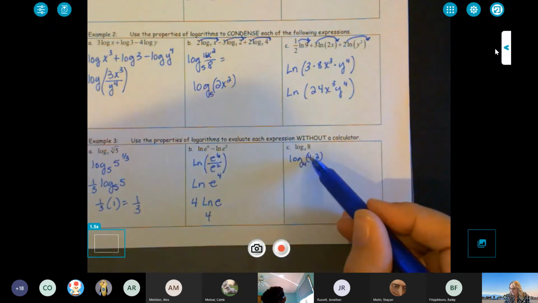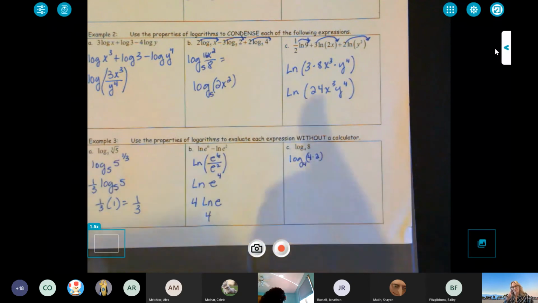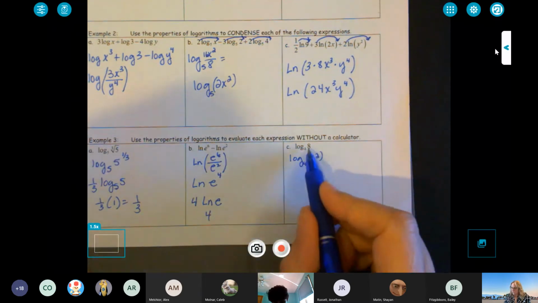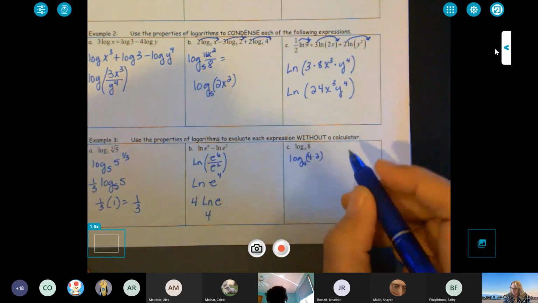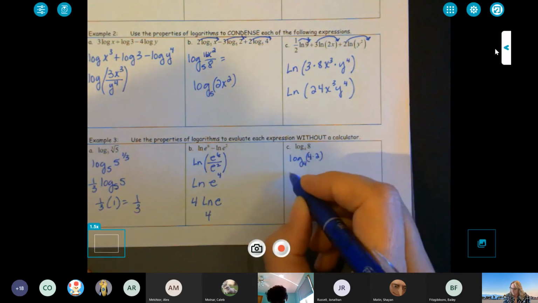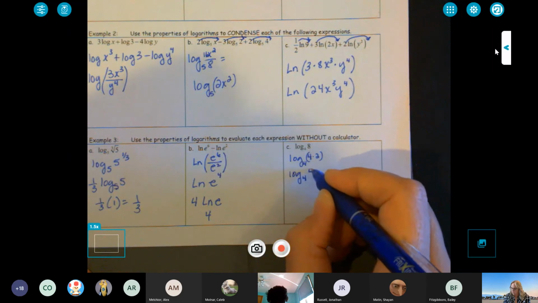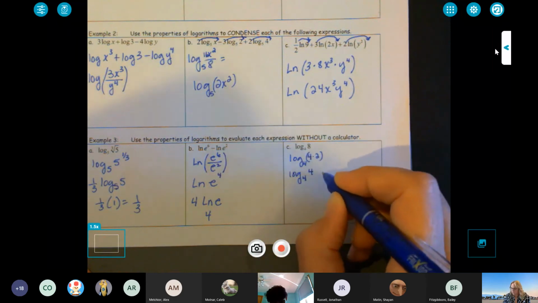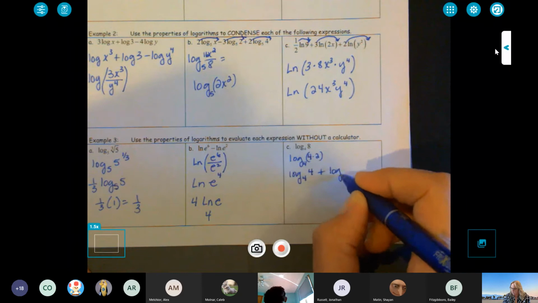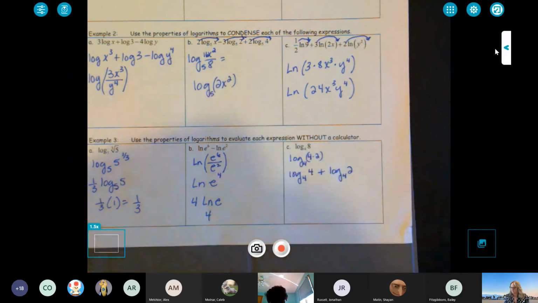And again, I like it when these are the same because I know that that's just equal to 1. So I change this to a product. And then I can use my product property, which is saying the log of the first plus the log of the second. I can expand it.